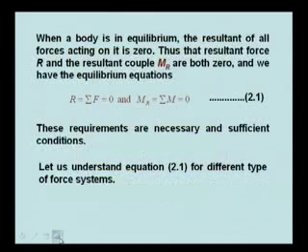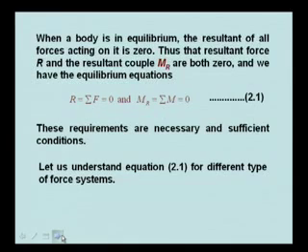Now, when a body is in equilibrium, the resultant of all forces acting on it is 0. Thus, the resultant force R and also the resultant couple MR both will be 0, and therefore we have the equilibrium equations: R equal to sigma F equal to 0 and MR equal to sigma M also equal to 0.